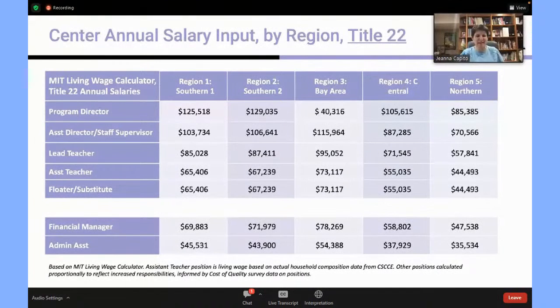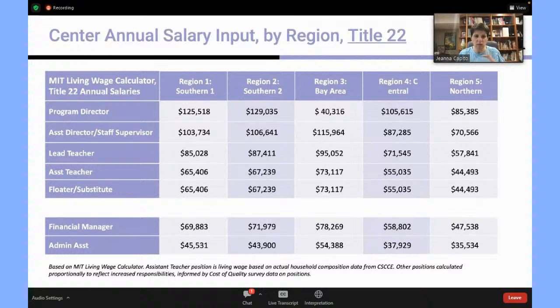even if you're capable. The one piece on this that is split out at the bottom is the financial manager and the administrative assistant, because as part of thinking about using the living wage calculator, for those positions, because obviously centers have these additional staffing positions, we used BLS salary data, because they map a little bit more neatly to the BLS and tend to have a little less issue with turnover in the positions.